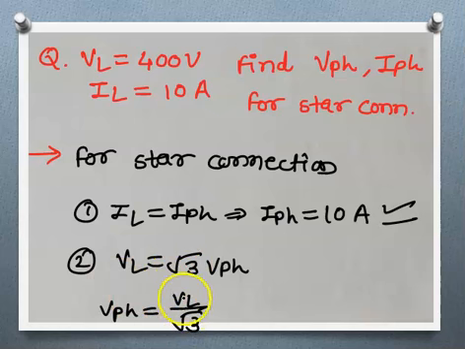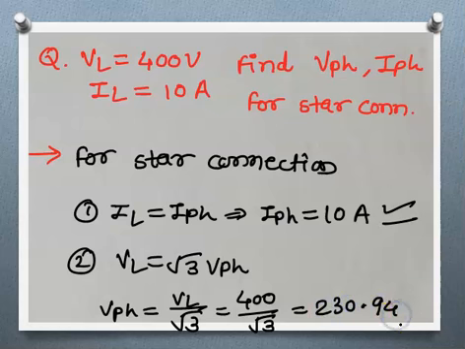So 400 volt divided by √3 equals 230.94 volt. This is the phase voltage value when the line voltage is 400 volt.